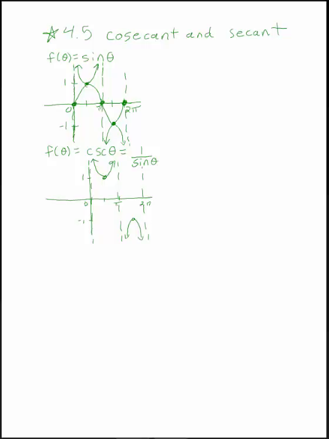So we could do the same thing for secant. We could take the original cosine graph, the parent function, just cosine theta, and plot the function.